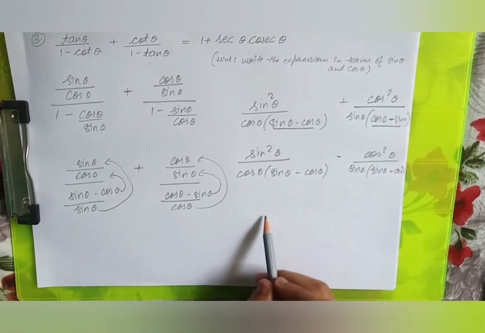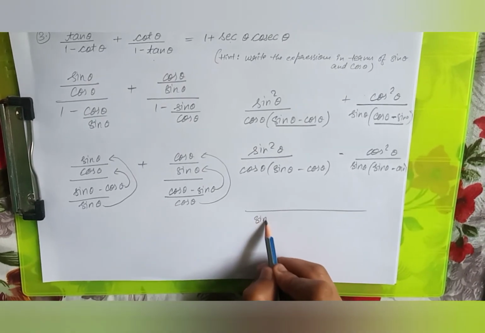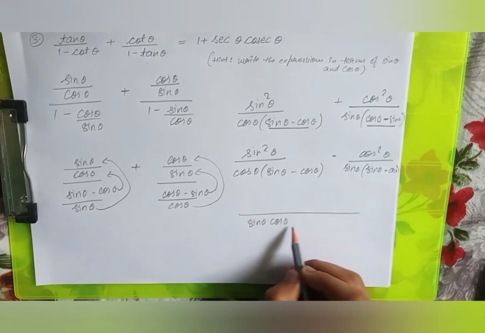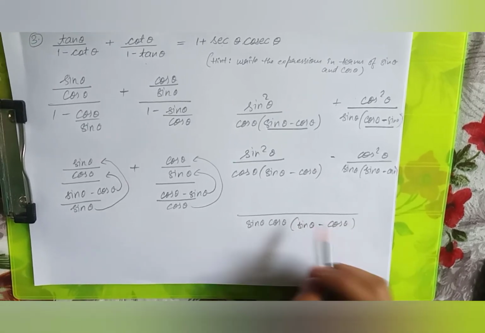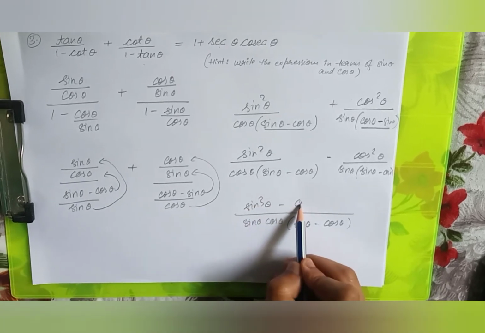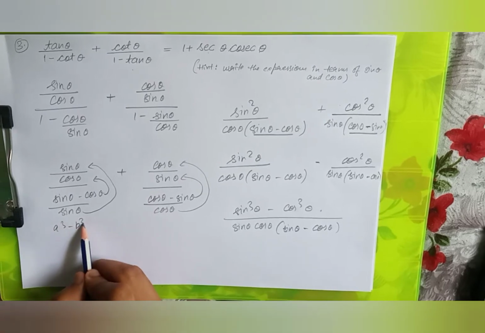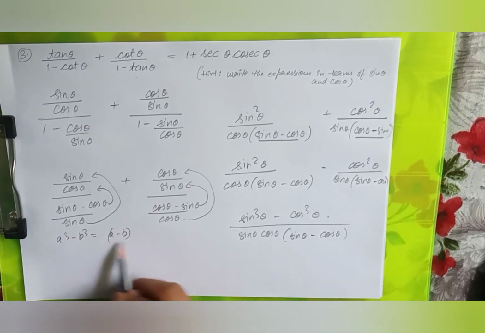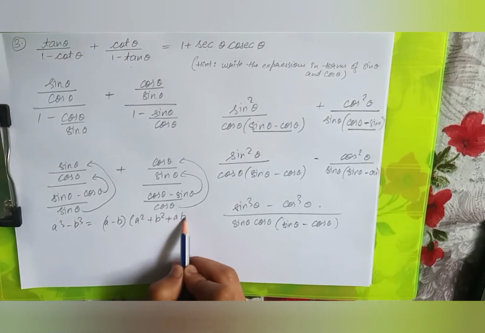Now taking LCM from both the sides, this will become sin theta cos theta. This will become sin theta minus cos theta, and this will become sin cube theta minus cos cube theta. We know the formula for a cube minus b cube is a minus b, a square plus b square plus ab.